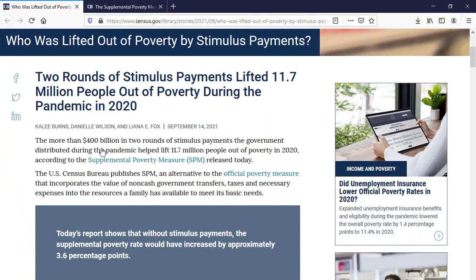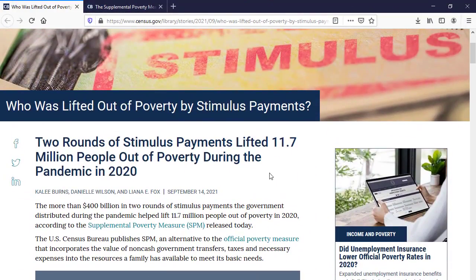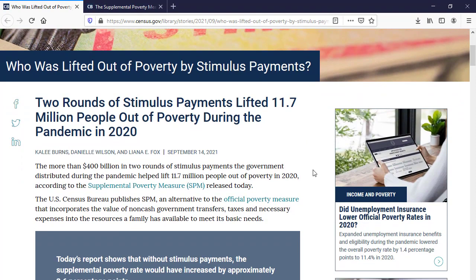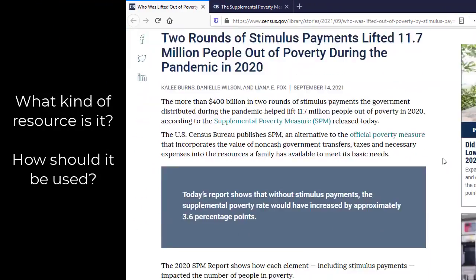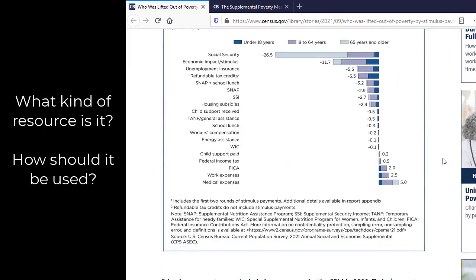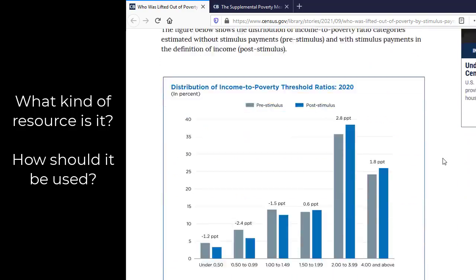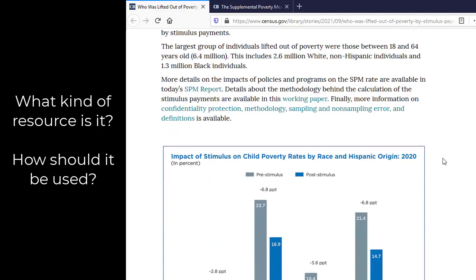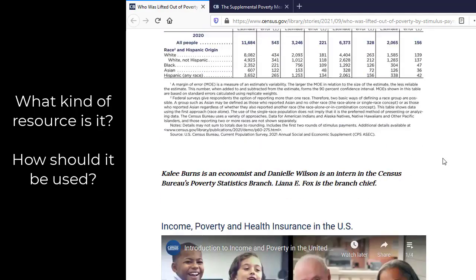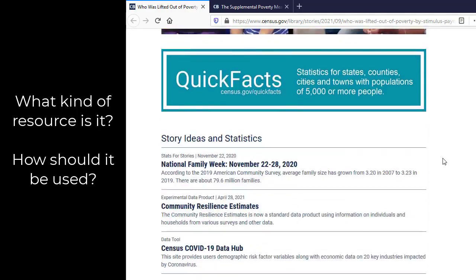Okay, so now that we've decided that we can use these numbers from the census.gov website, we're going to think about what kind of a resource this is. First I'm just going to scan by scrolling down through the page. If you're watching, you're probably noticing 1, 2, 3 charts going by, 4 charts, 5, a data table.